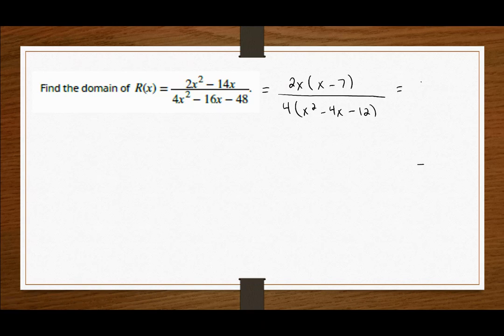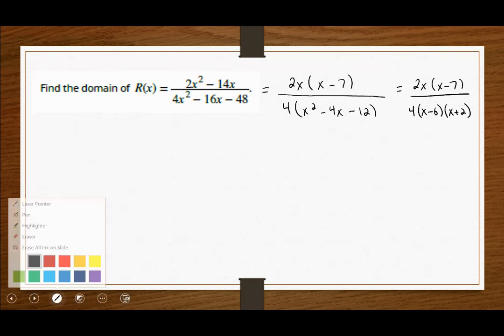So I can factor further to get my expression in this form: x minus 6, x plus 2. Nothing really seems to cancel out between the numerator and denominator, and so it was not the case that my numerator expression influenced what the domain of the expression is.